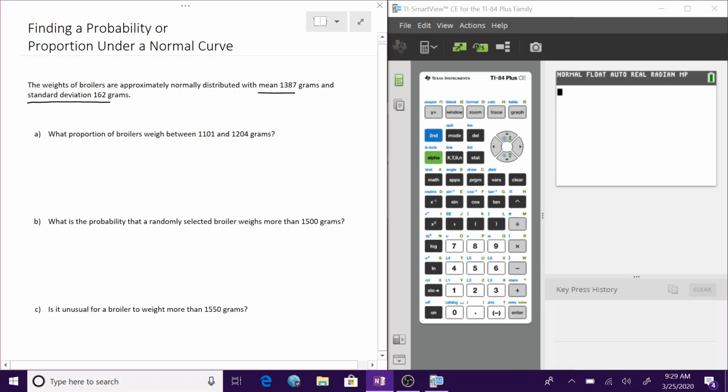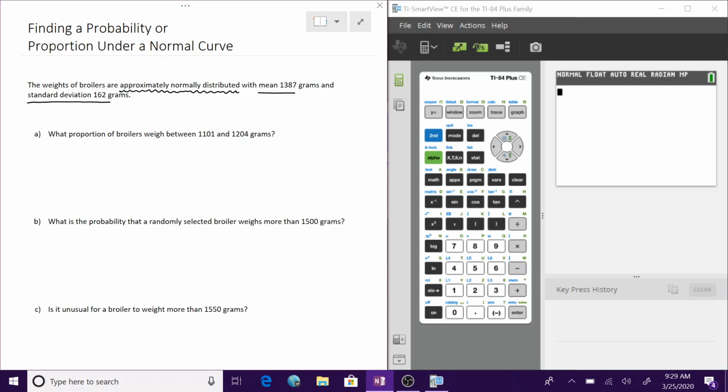Now, one of the very important things about this question is it says the weights of broilers are approximately normally distributed. Now, that's important because that just means that we can use our normal curve.